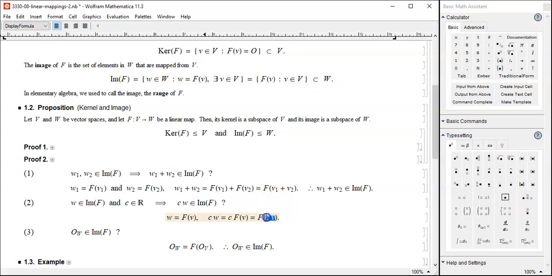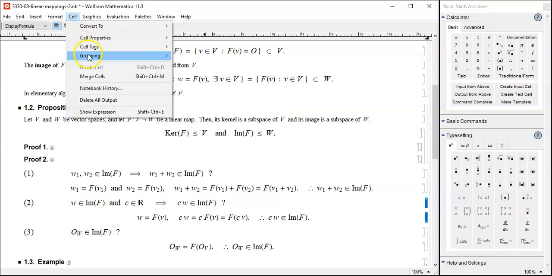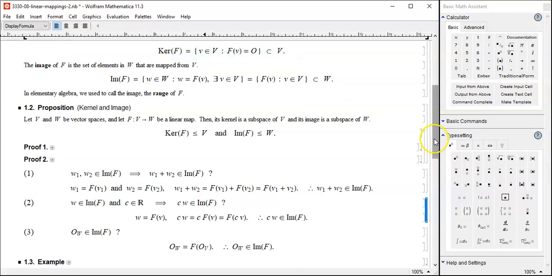Yes, indeed, f of a certain vector. Therefore, c times w, the scalar multiplication, belongs to the image. So closed under scalar multiplication as well. And there goes the proof.